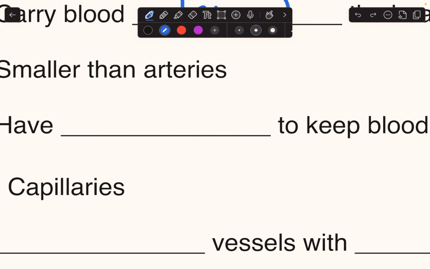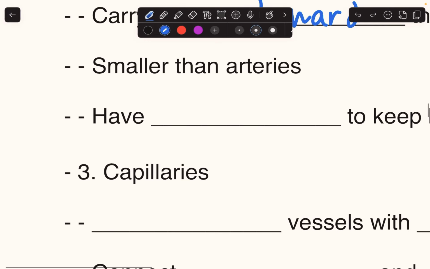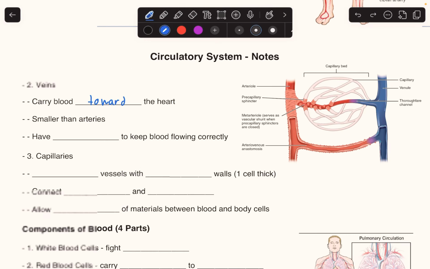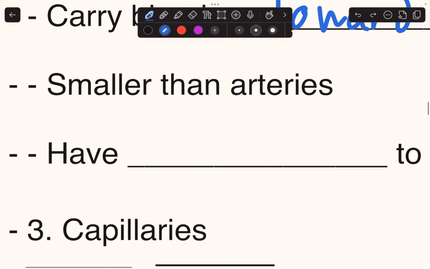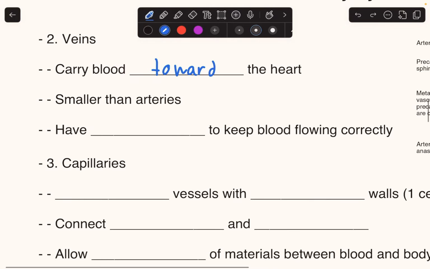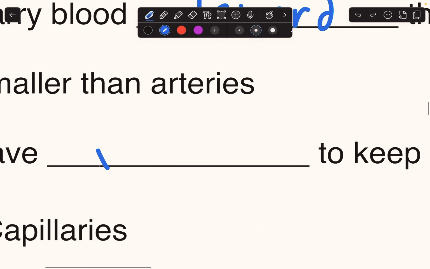It's like flaps, and they're all over, everywhere in a vein. Once the blood goes to the heart, the valves are there to prevent blood from going backwards, and it helps prevent diseases. Okay, so veins have valves.